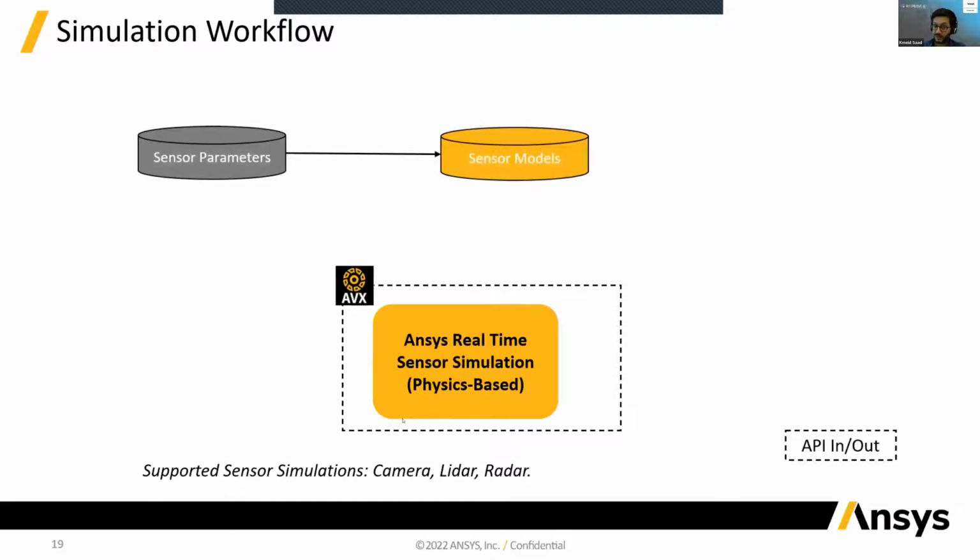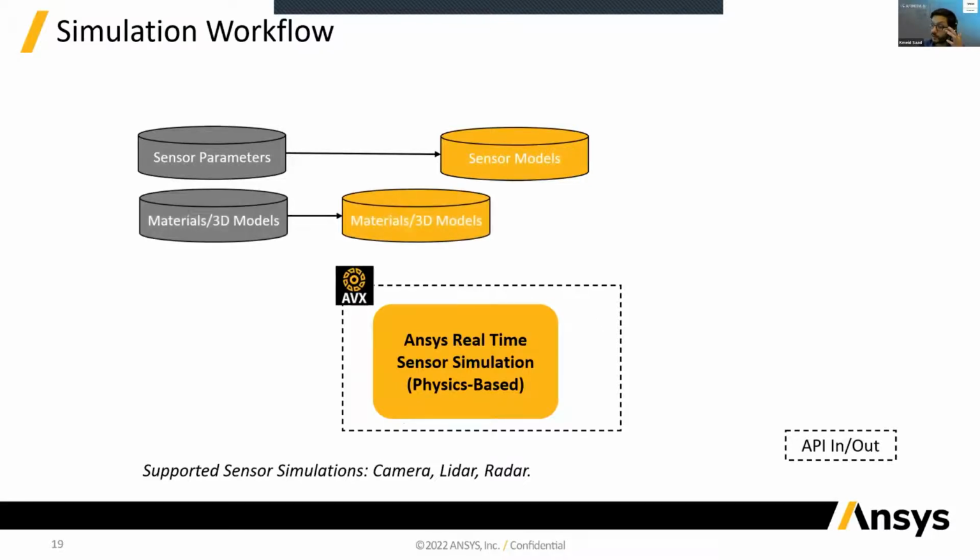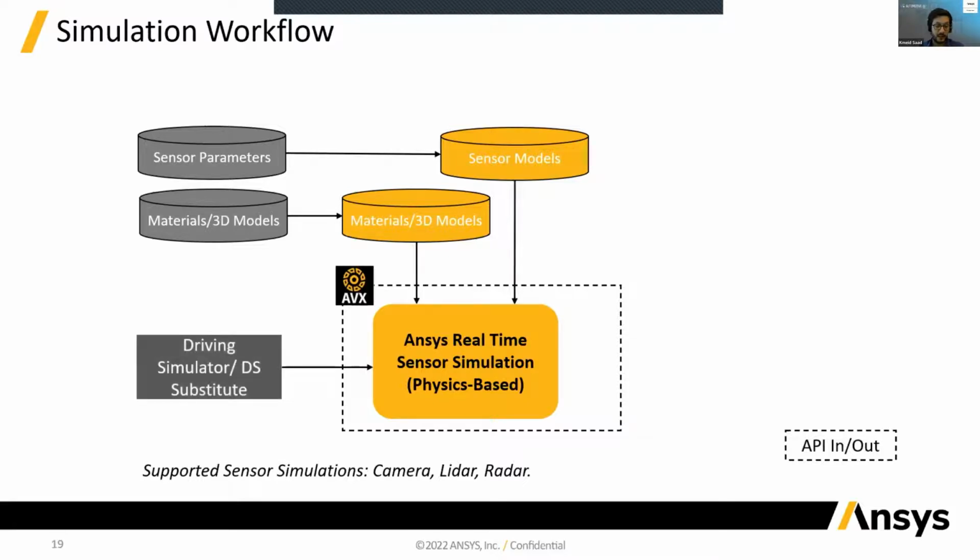And basically you just, let's say, parameterize your sensor, make sure that your material properties are assigned to your 3D geometry, feed it through an API again, and then add the dynamic behavior.